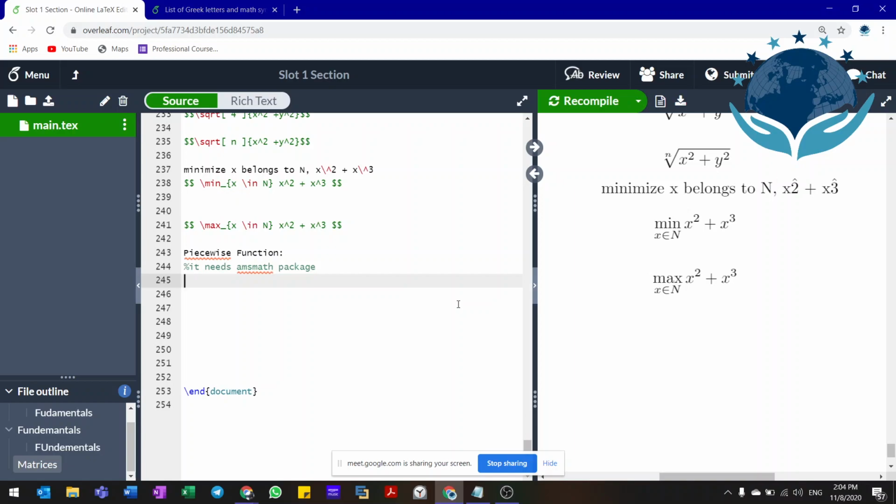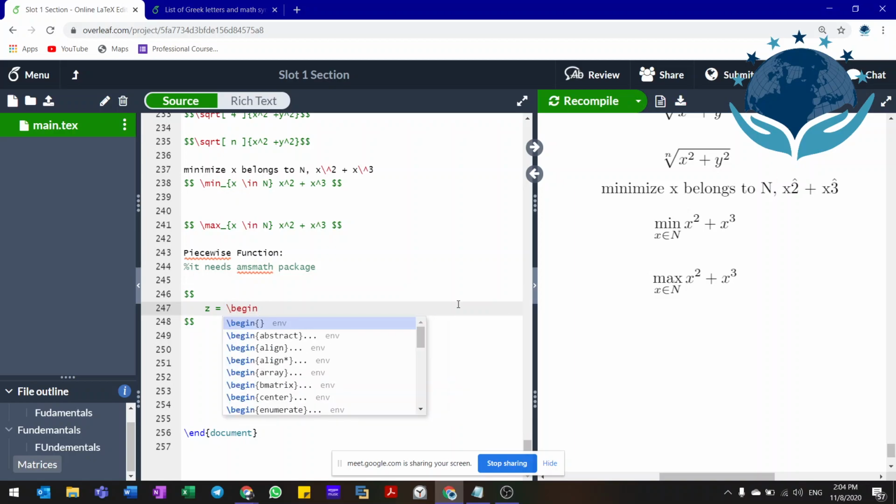So let's say I'm just going to write z is equal to 1 if x is equal to 1, 0 elsewhere. Let's say we are going to type that function. So double dollar z is equal to, and I have to give two equations on the right hand side. For that we can use the keyword called begin cases.